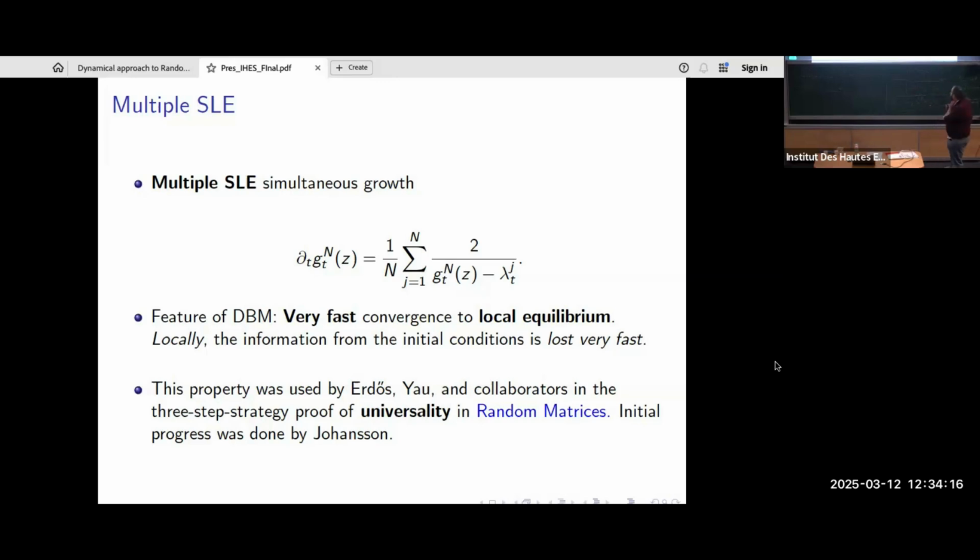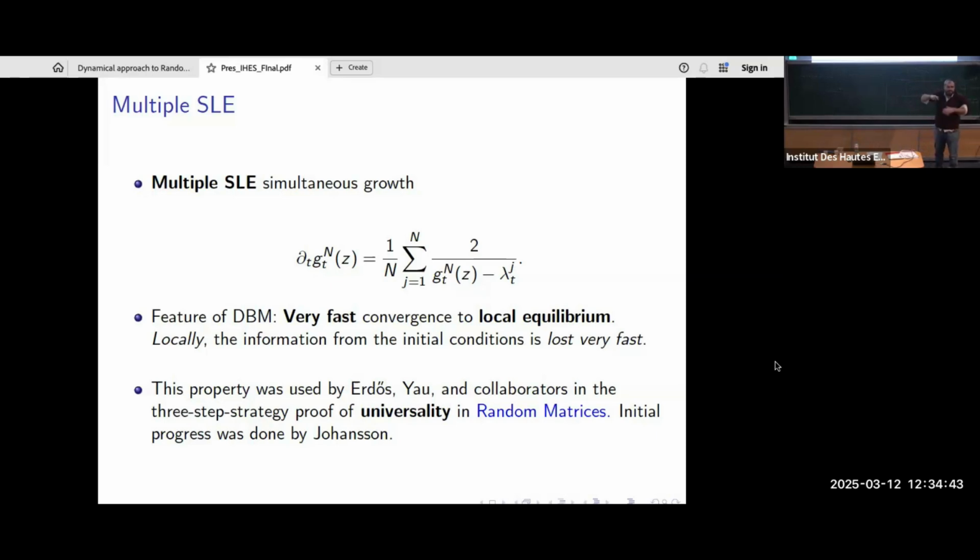Basically, universality, and I'm trying to simplify a bit since it is a technical statement, is the idea that the details of the spectrum of these matrices, the behavior of the eigenvalues, do not depend on the choice of the randomness inside, but more on the choice of the symmetry class of the matrix. So if you are unitary or this type of symmetry class matrix, there is a universality.